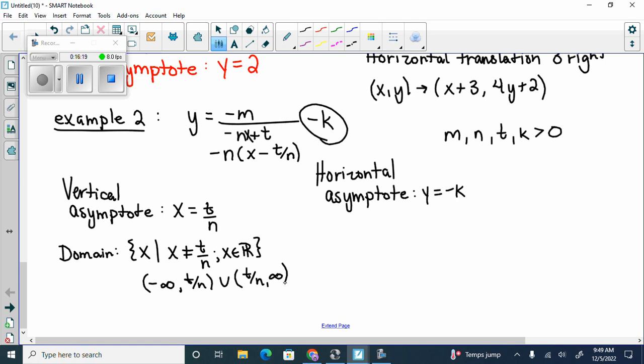And then my range is everything but negative k. So it's y such that y can't equal negative k, but y is everything else. And in interval notation again, negative infinity to negative k, or negative k to infinity, round brackets.